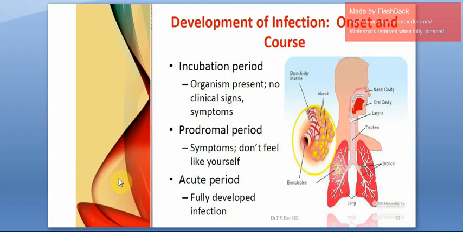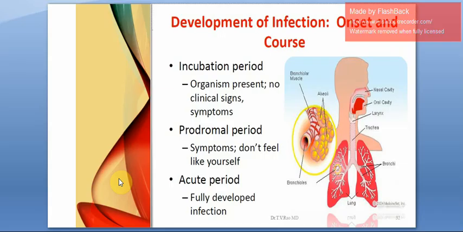Next is development of infection. The development of infection has certain stages, or periods. The first one is the incubation period, the next one is the prodromal period, then the acute period. What is the incubation period?